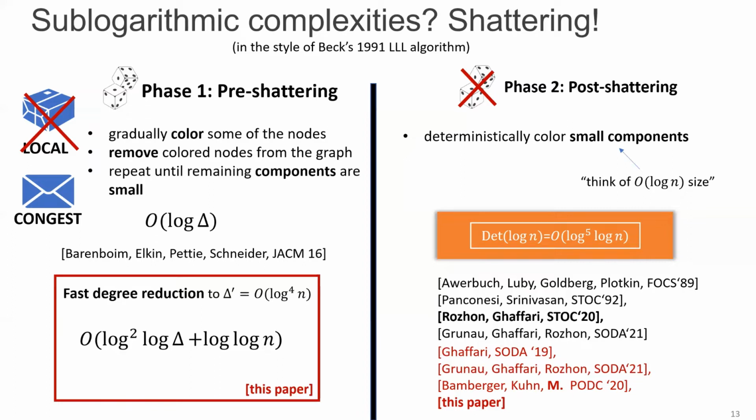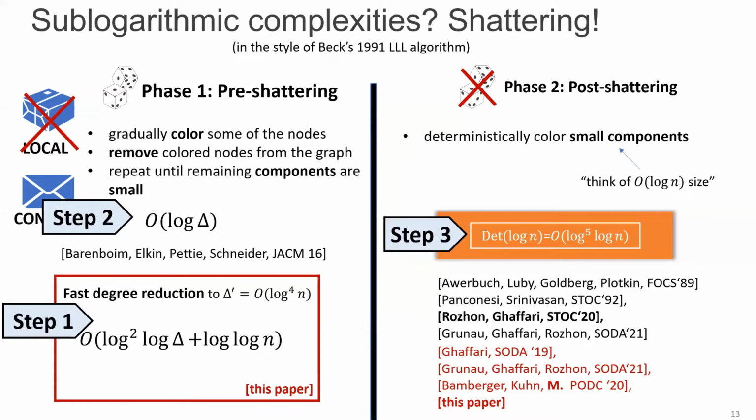And we do this degree reduction fast. Our full algorithm is basically, we first execute this degree reduction until the maximum degree is small. Afterwards, we use the shattering framework from Barenboim, Elkin, Pettie, and Schneider. And then we use the post-shattering phase, which in total gives us a log to the 5 round algorithm.